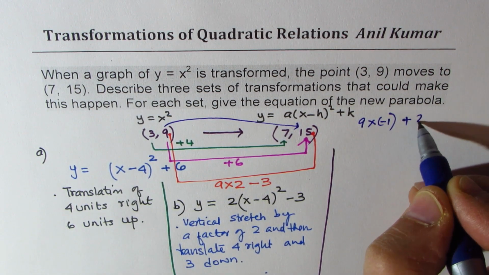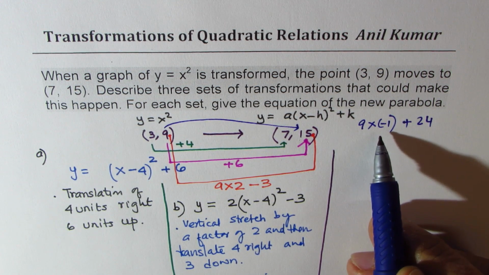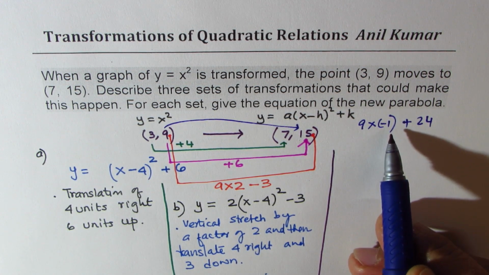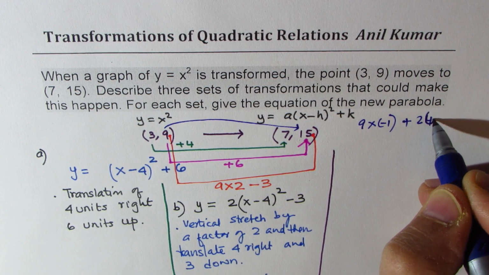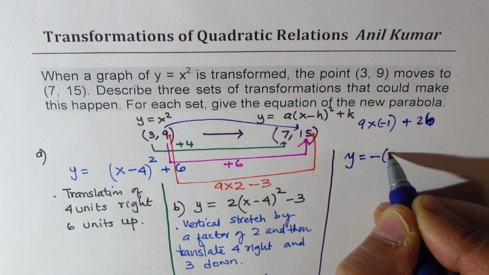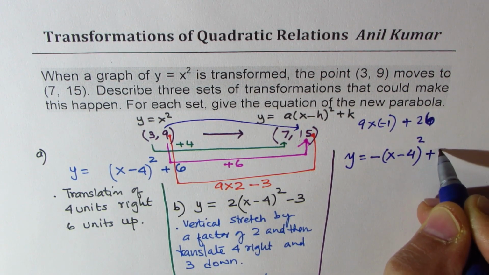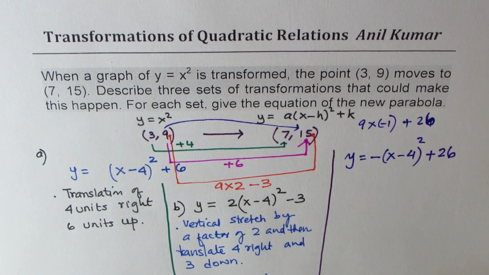You can add 24 to this, for example, right? Which we could write as y equals negative (x minus 4) whole squared plus 24. You get the idea, right?